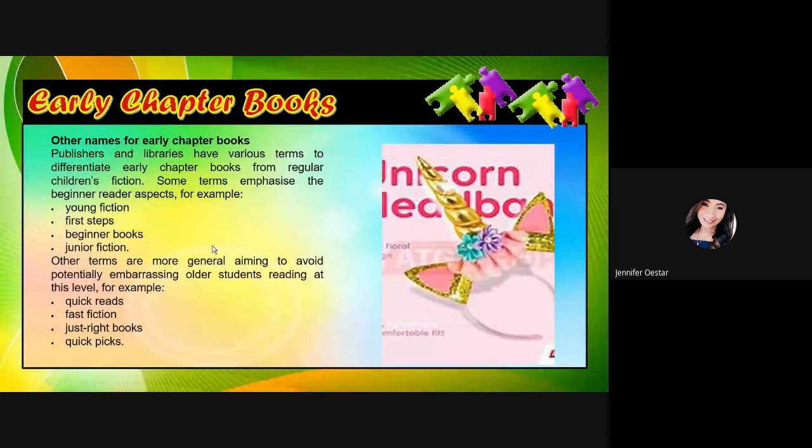So they would be embarrassed. So the tendency is for others to call it differently, even though it's still an early chapter book. So others would say it's a quick read, fast fiction, just right books, and quick picks. So the term changed just to suit the age of the learners.